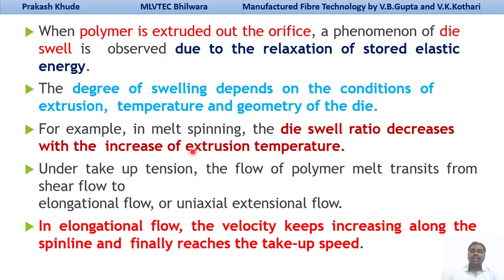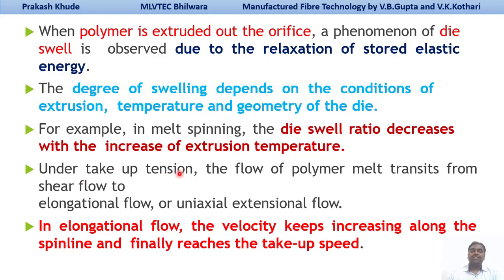For example, in melt spinning, the die swell ratio decreases if you increase your extrusion temperature, because it is a phenomenon of bulging out of your polymeric fluid when it comes out of your orifice or die. So that will ultimately depend upon the conditions of extrusion, temperature and geometry of your die.